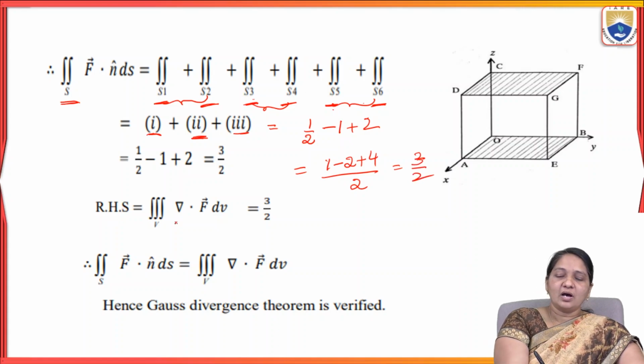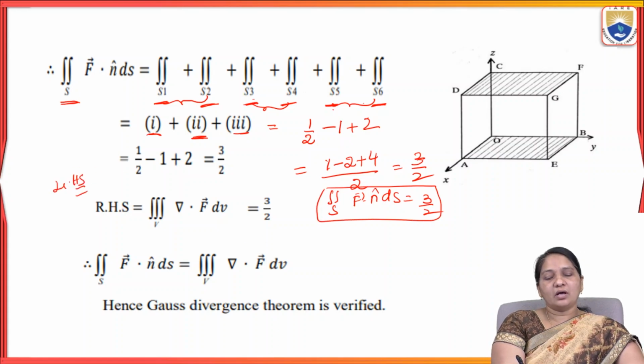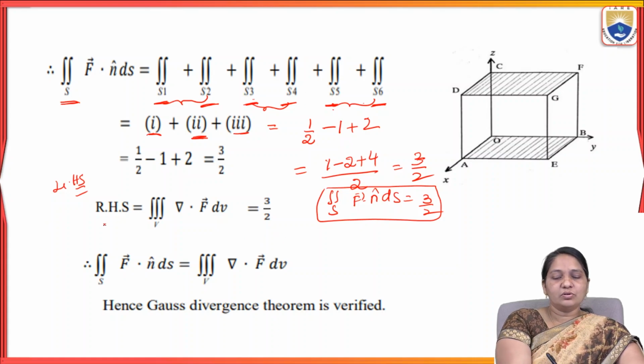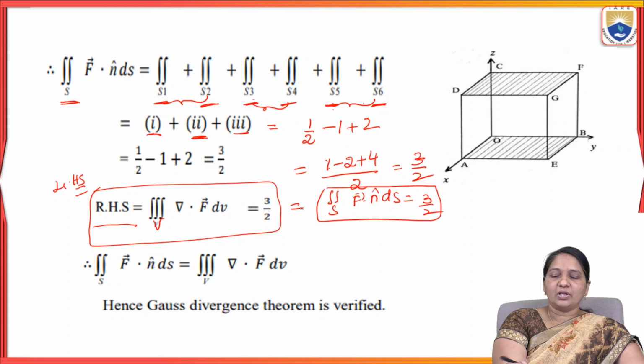So finally, the LHS value, double integral over S of f bar dot n cap ds, equals 3 by 2. This is the LHS part. We already calculated the RHS part before, so RHS equals triple integral over V of del dot f dV, which is 3 by 2. So these two values are equal.